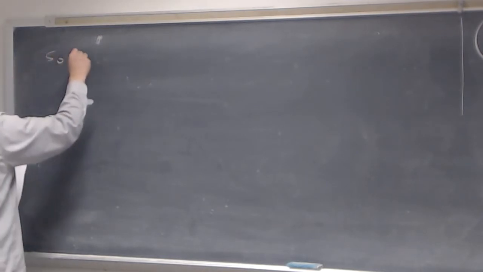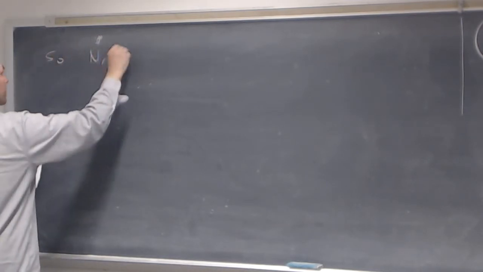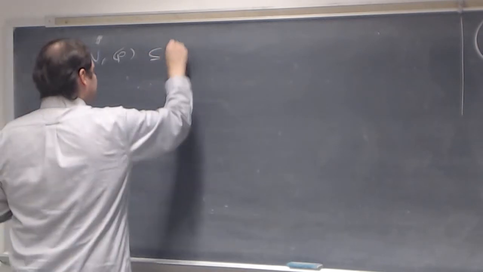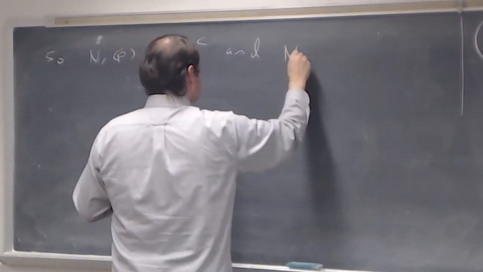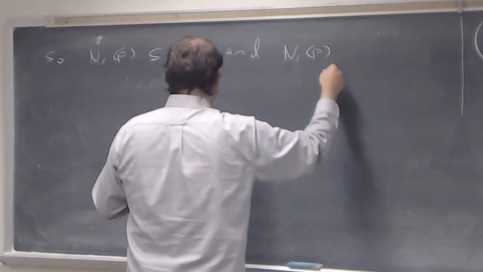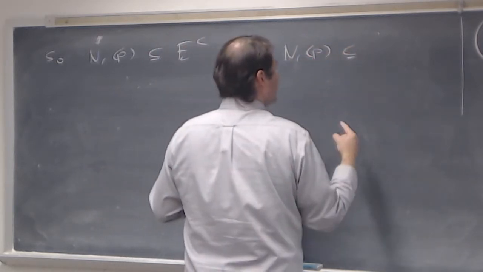Okay, so what does that tell us about that neighborhood N sub r of P? Well, we know it's contained in E complement, and none of its points are limit points.